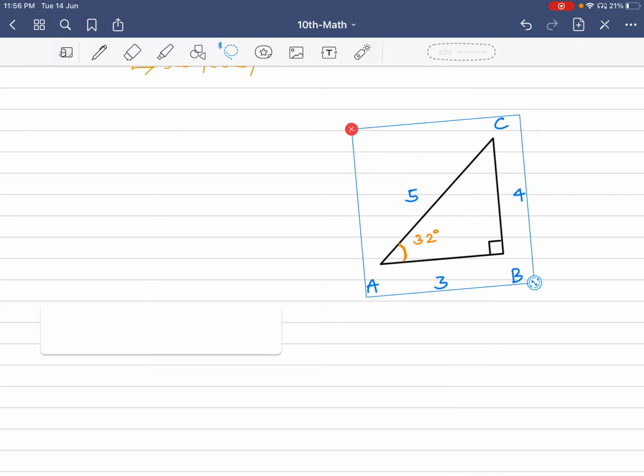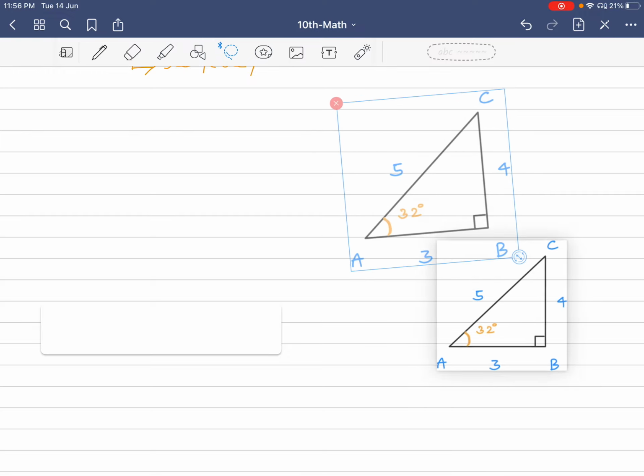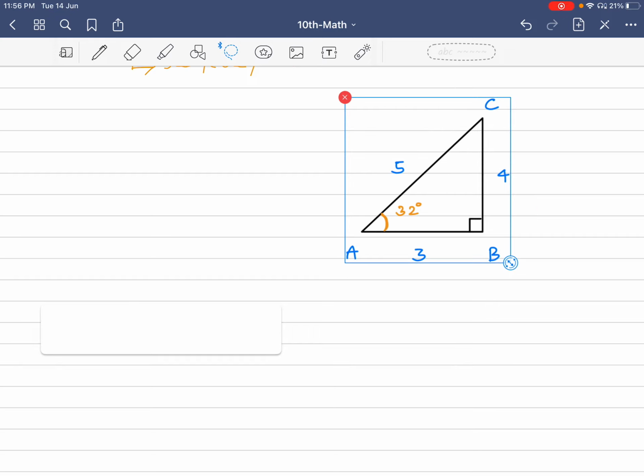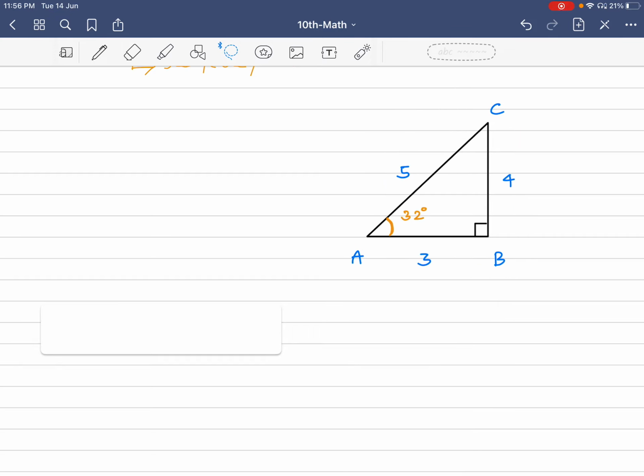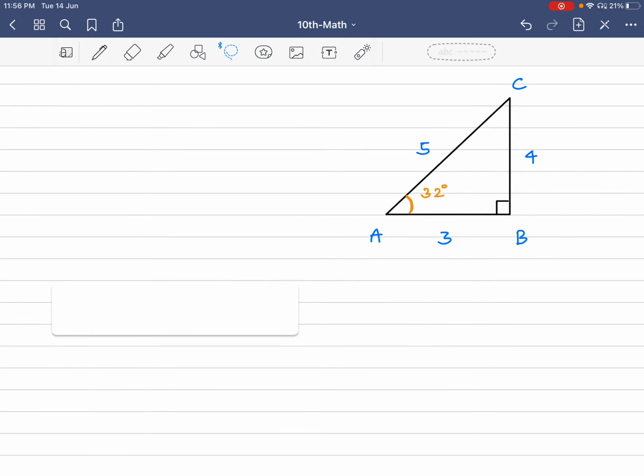Okay, so this is again a triangle that we have, and let's focus on angle A. The value does not matter: 3, 4, and 5. Now let's take sine of A. As we saw, sine of A is equal to the opposite side, and I'm going to write it again for the sake of emphasis: opposite side upon the hypotenuse.